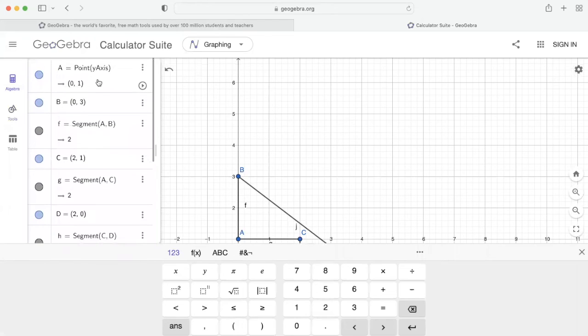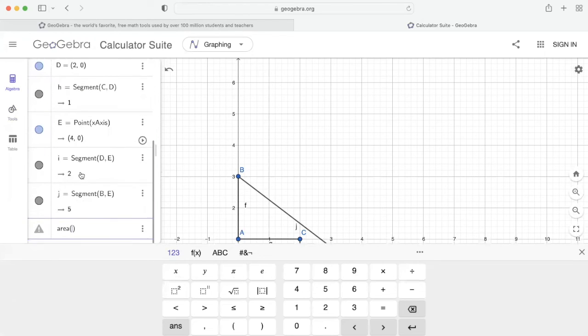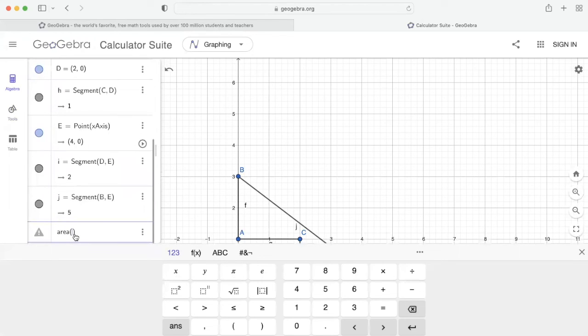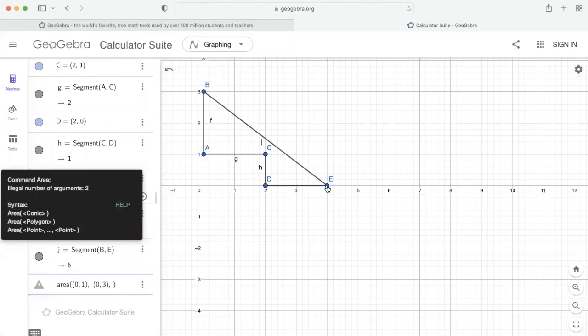So let's see, point A is at 0, 1. And then the next point is B, and it's at 0, 3. And then point E is at 4, 0.